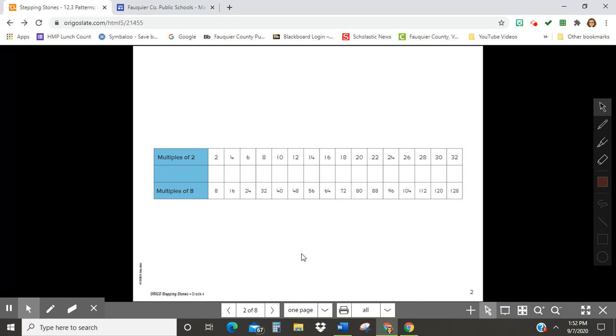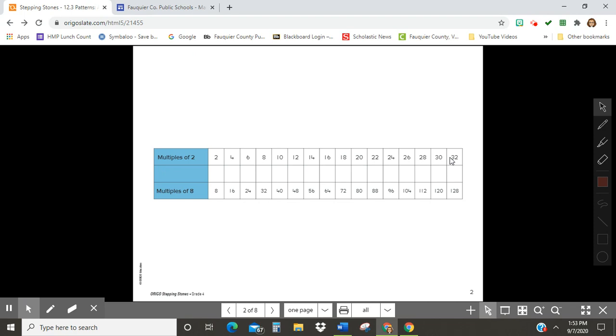Why do multiples of 2 appear in the list of multiples of 8? 8 and 8. 16 and 16. 24 and 24. 32 and 32. Why do those multiples appear in the same list? Why do you think?